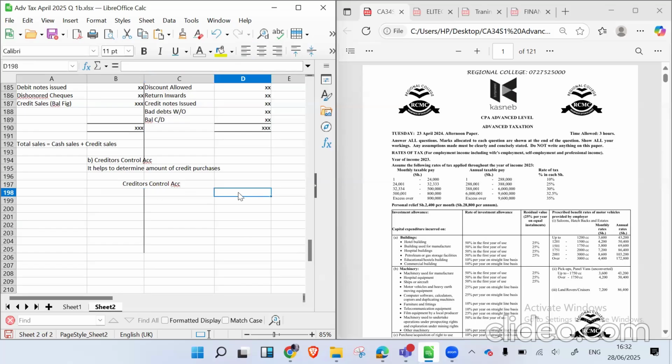This is a liability account. So being a liability account, the opening balance is on the credit side, so you have the balance brought down.